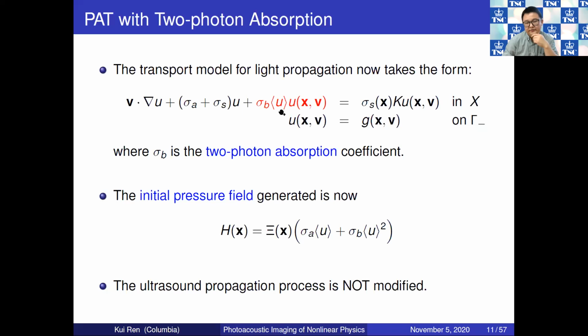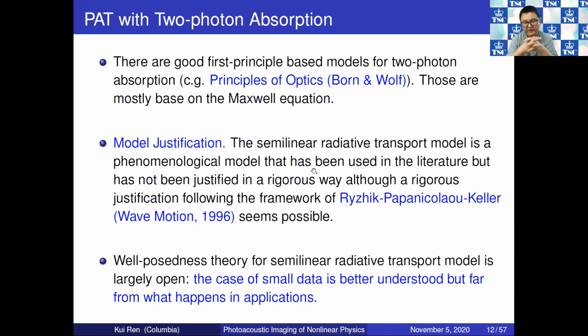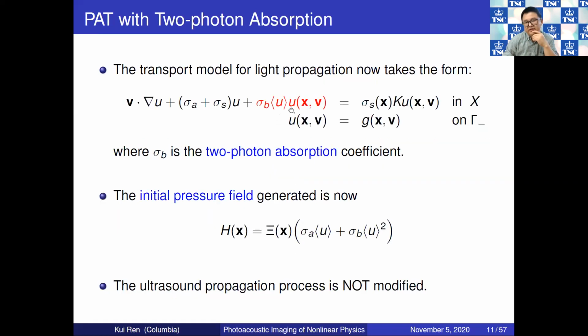We know that if you don't have this nonlinear term, if it's a linear term, there's a way that you can go from the wave equation to the transport equation. Many people in the audience have done something like that. But now, because of the nonlinearity, things are not as straightforward.